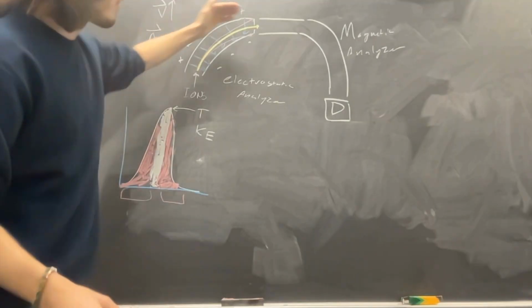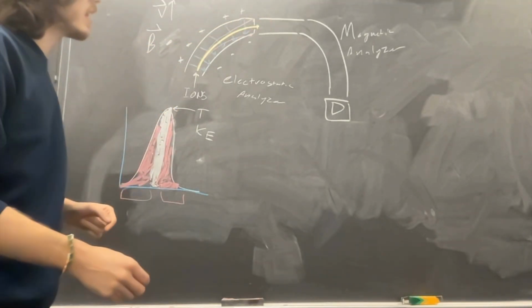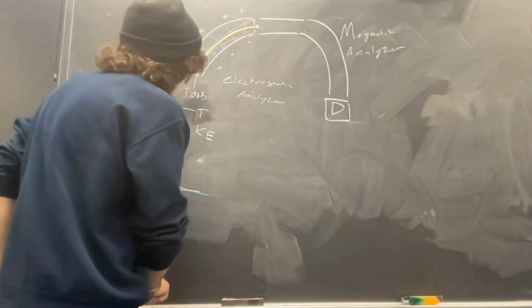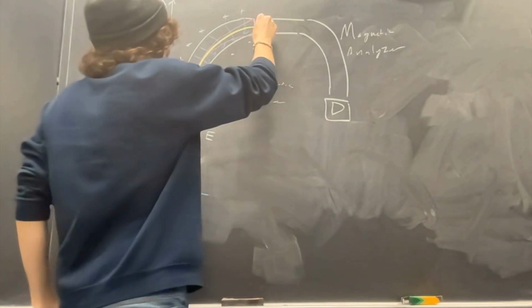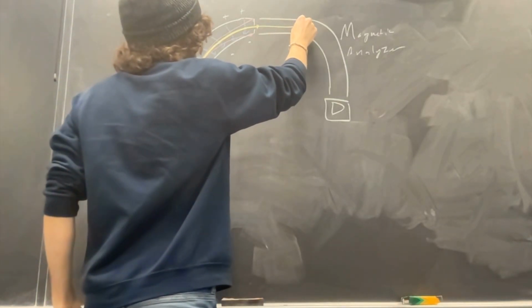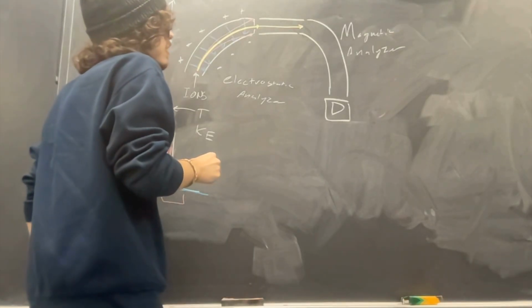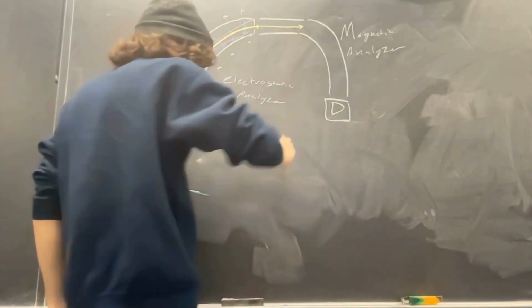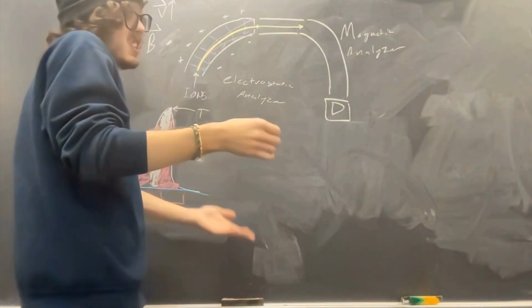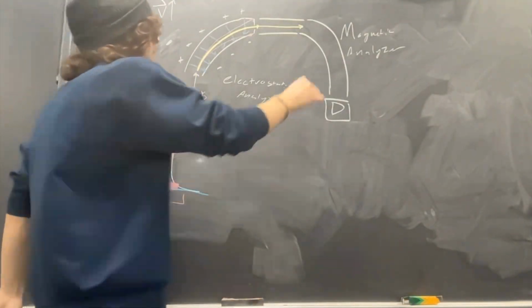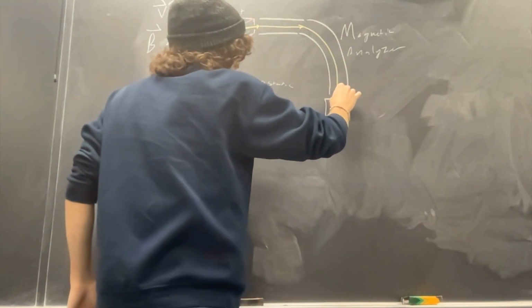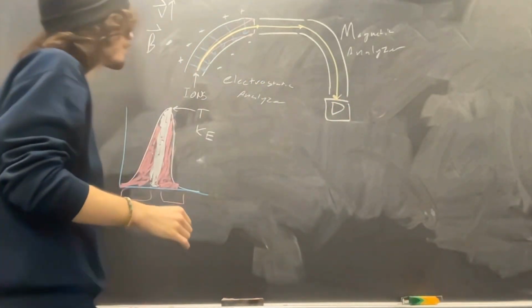These ions get through the slit with a specific kinetic energy. They continue straight until they reach the magnetic analyzer, and you can assume it's just like a magnetic analyzer, curving the path and hitting the detector.